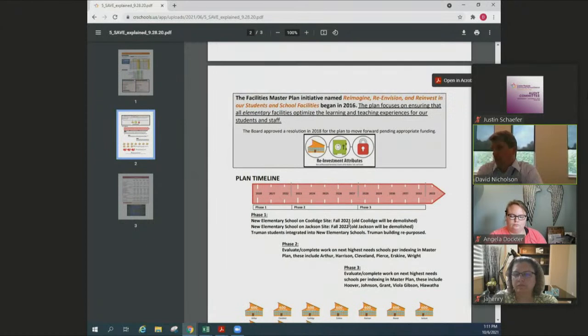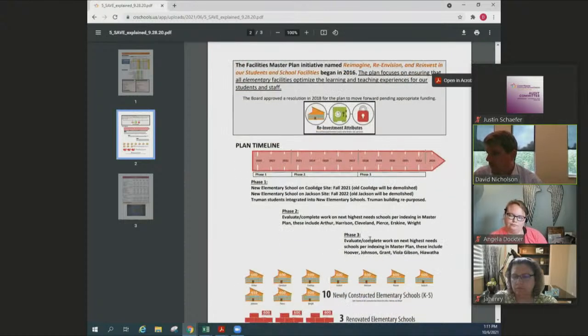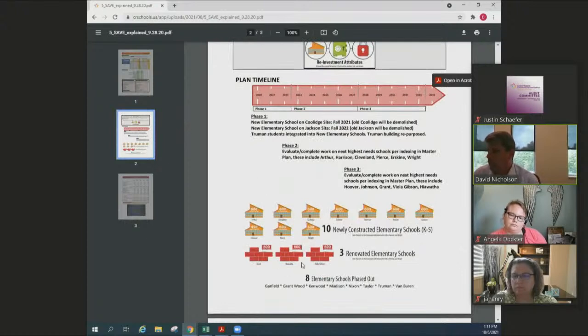The master facility plan was a multi-year process, and I want to say there were over 45 members of the committee who participated. Ultimately it ended up saying that we are going to construct 10 new elementary schools. We're going to renovate 3 of our elementary schools, and we're going to phase out 8 of our elementary schools.